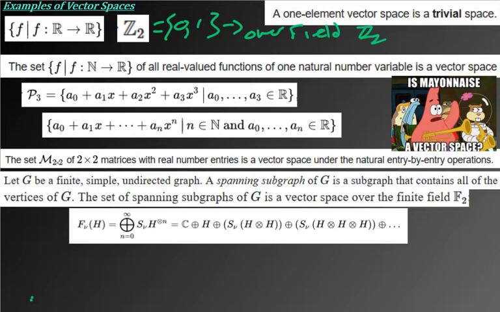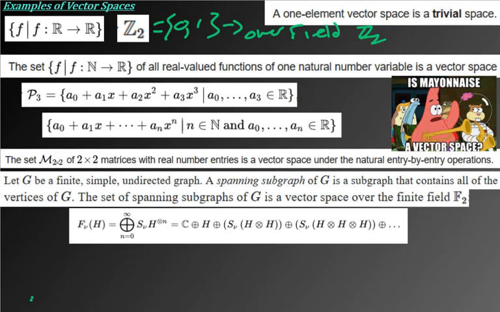This is basically a set of functions that map the real numbers to the real numbers. That is actually a vector space. Doing the same thing, but now map the naturals to the reals, actually also a vector space. There's this thing script P3, which is basically all the polynomials of order 3, where the coefficients, the a_i's, are basically just real numbers.